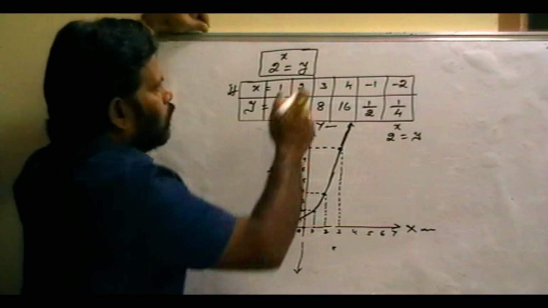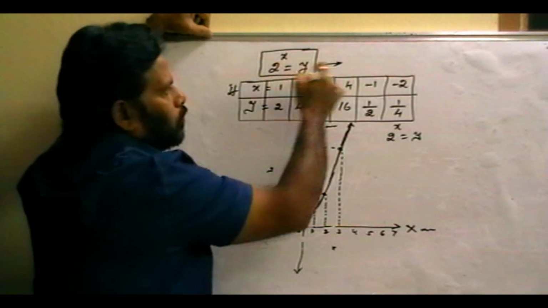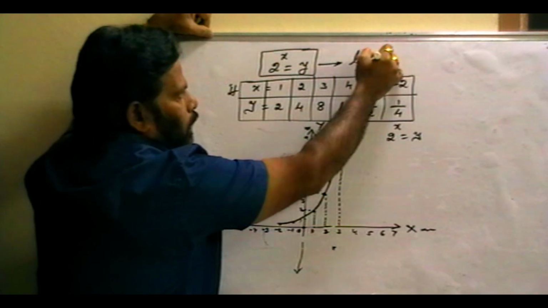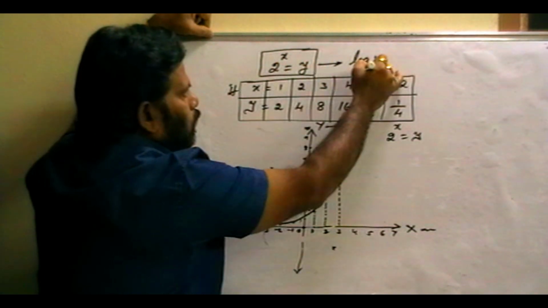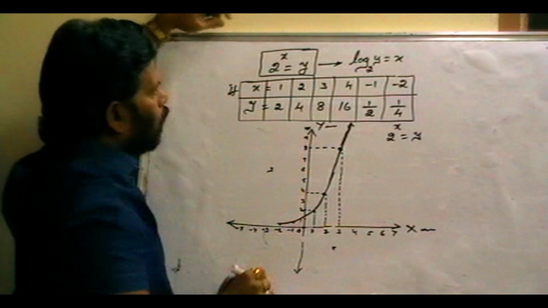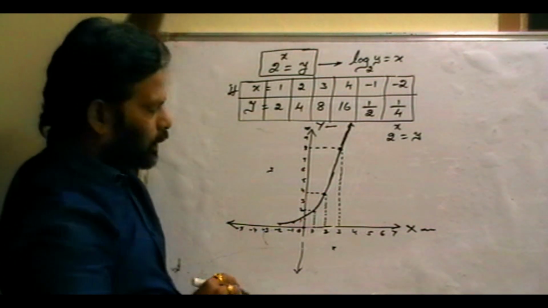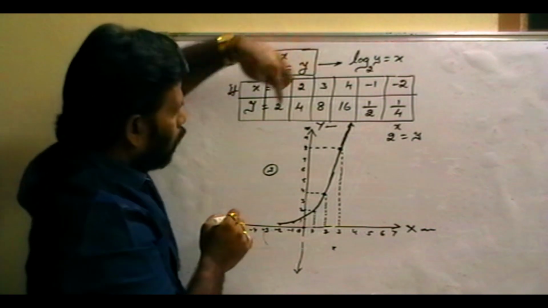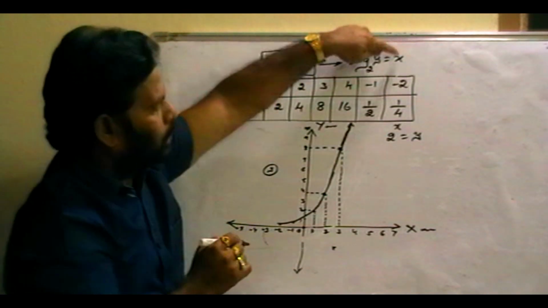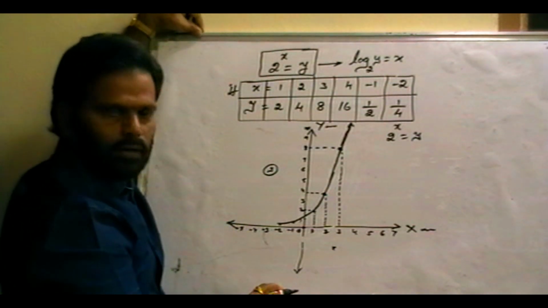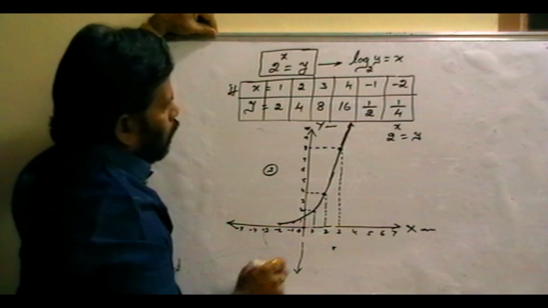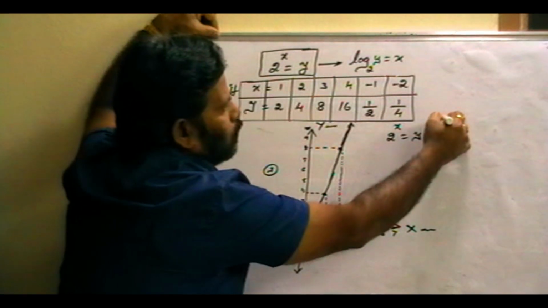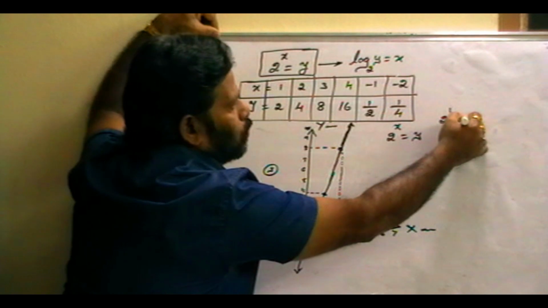Right? Now change into this logarithmic form. It is log y to the base 2 is equal to x. So y means log y to the base 2 is equal to x. Now listen. Here 2 to the power of 1 is equal to 2.